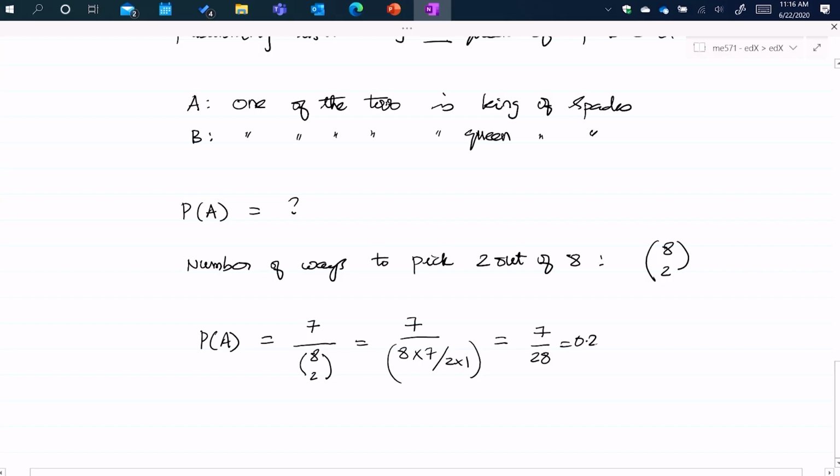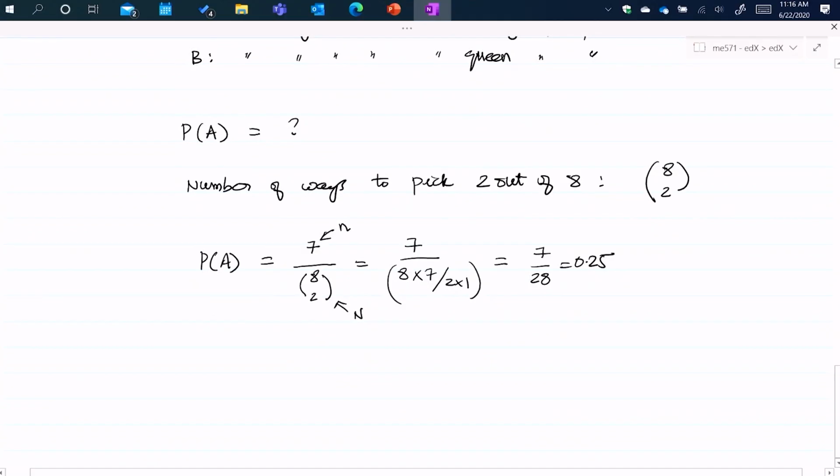That's 0.25. So this number 7 is key. This is little n. This is cap n. The denominator tells me how I can pick 2 cards out of 8 without any restrictions. The numerator tells me the number of ways I can pick king of spades. Once I picked king of spades, there are 7 possibilities for the second card.